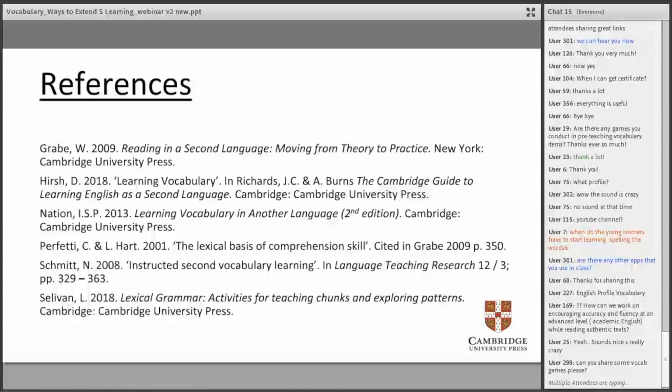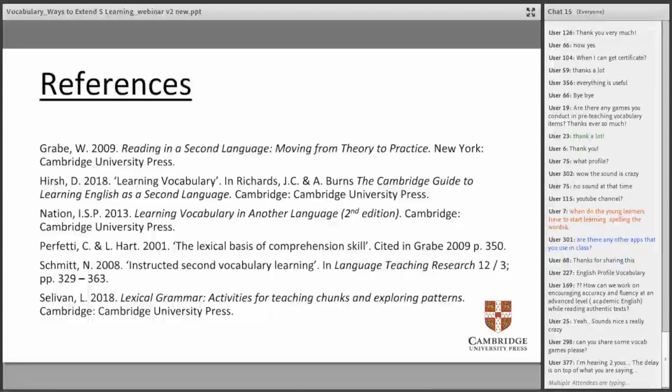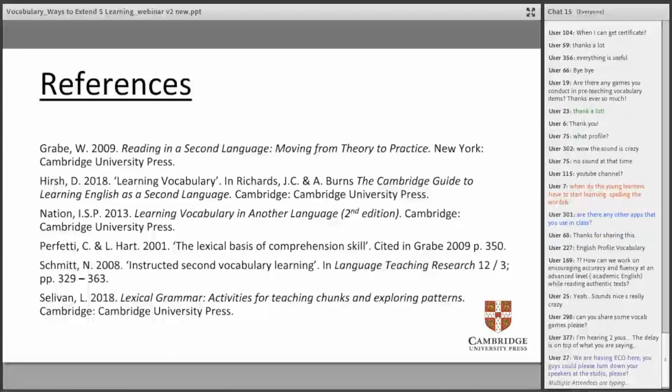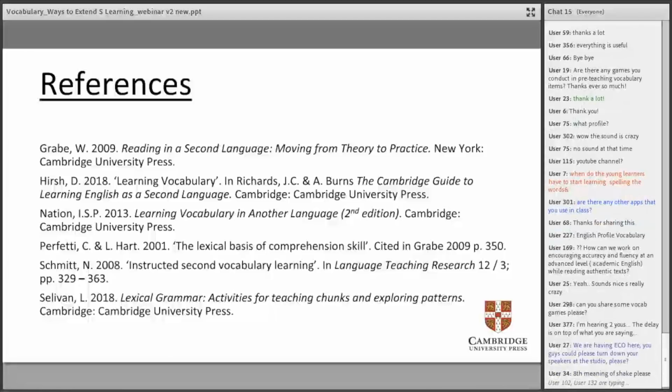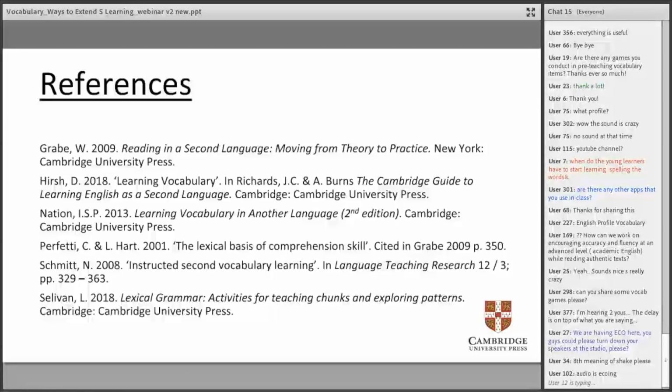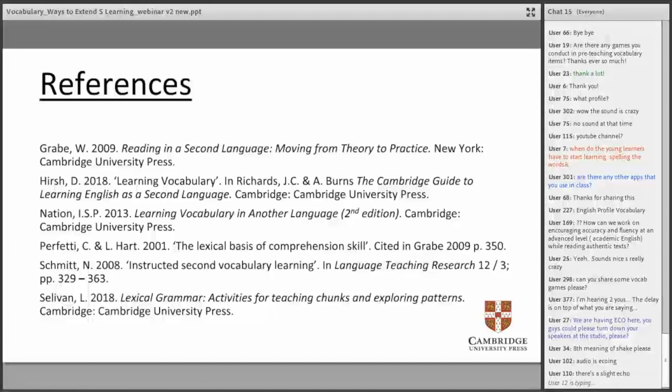This is where William Grabe's figure of students being able to understand 95% of a text is really important, because if it's only 90% of the text, and there are a lot of words that students are having to look up, that obviously has a negative effect on their reading fluency. So yes, I would agree with that. But by the same token, it is good if students do look up one or two words as a way of developing their vocabulary knowledge.